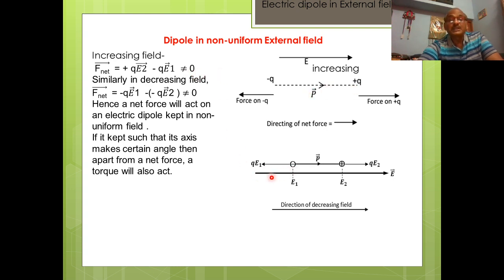If the field is decreasing, means here the electric field is more, here less, then again the force is not equal to 0. Hence a net force will act on the electric dipole. And as we discussed earlier, the torque is always there. So only in a non-uniform external field will the dipole experience a force, while in a uniform electric field, the net force is 0.